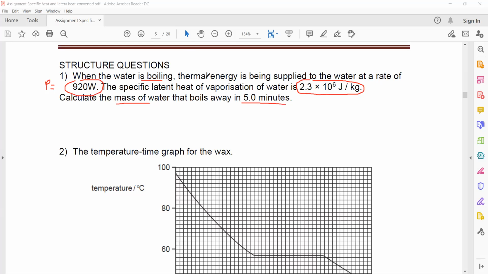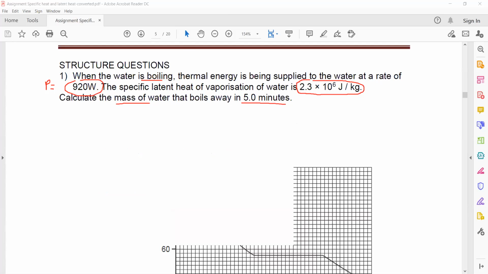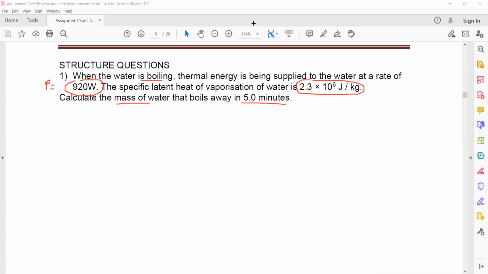So specific latent heat of vaporization means a liquid is changing into gas. You can write the formula: latent heat or specific latent heat, all are denoted by L. So specific latent heat, capital L, is equal to energy divided by mass. That's the formula.